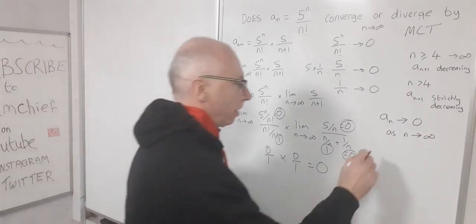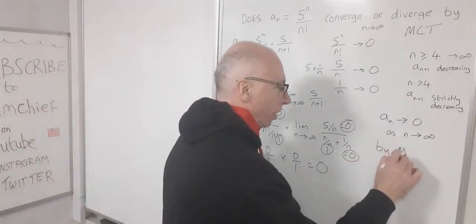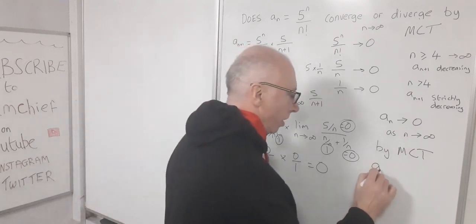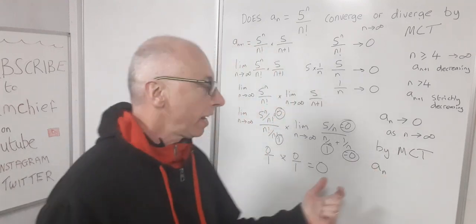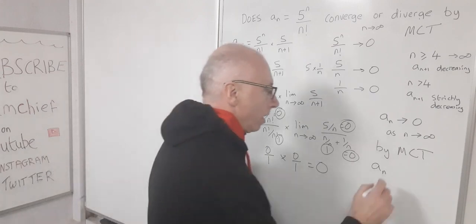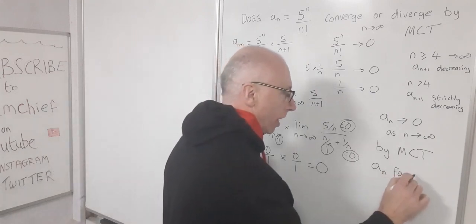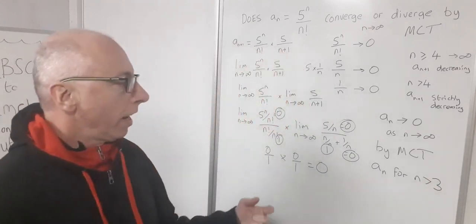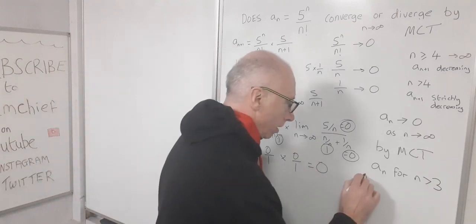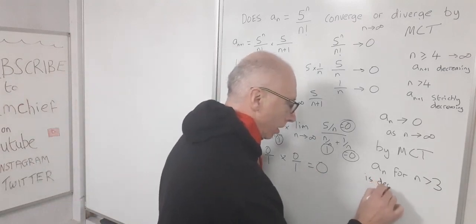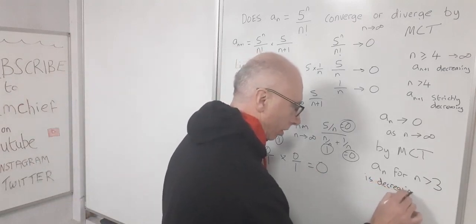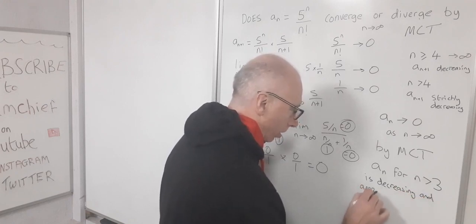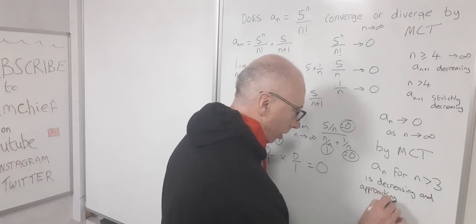So by the monotone convergence theorem, our a n for n greater than 3 is decreasing and approaching 0.